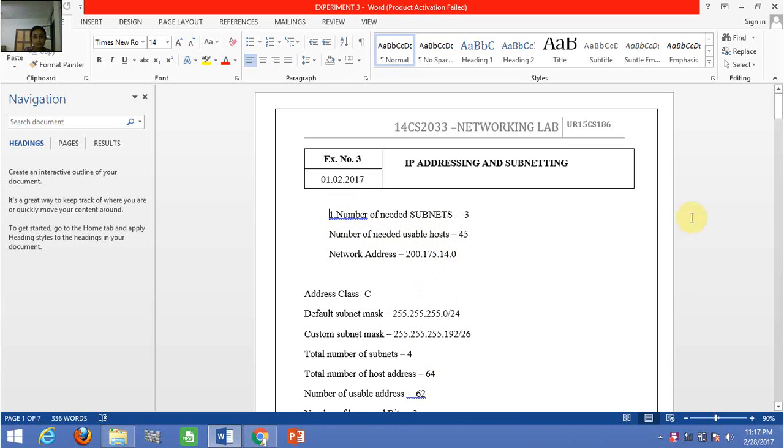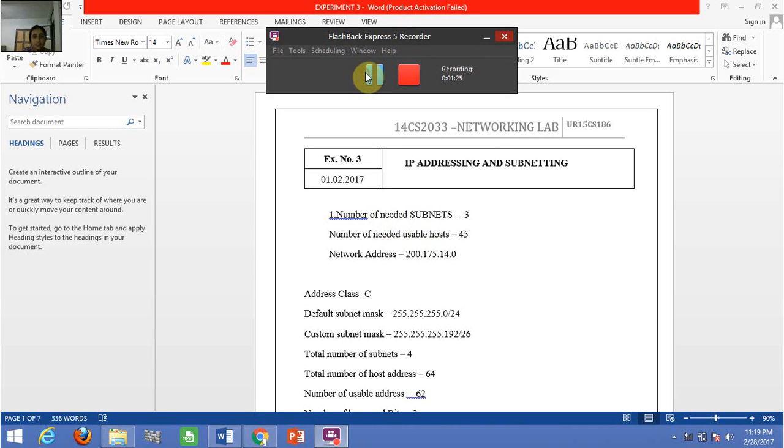From the network address itself we can understand that this address belongs to class C. For class C we know that the range is from 192 to 223. So the default subnet mask would be 255.255.255.0/24.